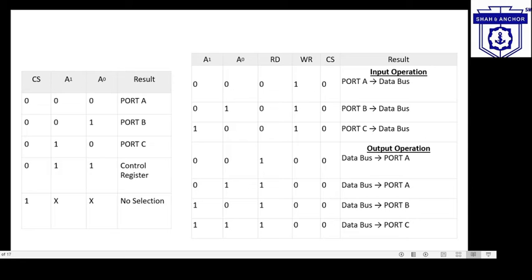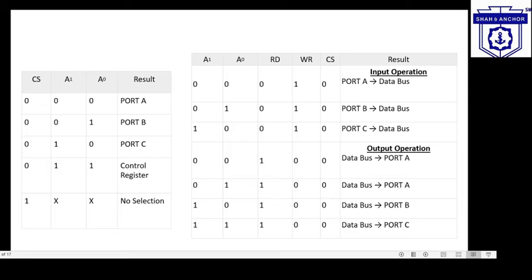So when we talk about the input operation on port A, B and C, the WR pin, that is the write pin, is 1 and the values of A1, A0 are changing. How will it be changing? It is 0, 1 and 2. 0 means 00, 1 means 01 and 2 means 10.